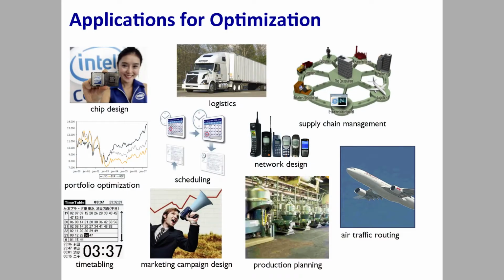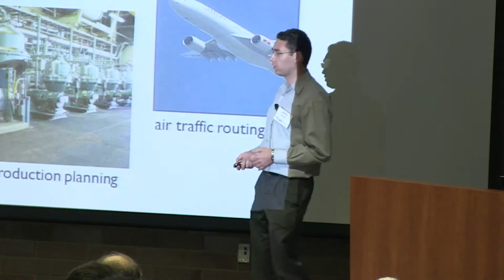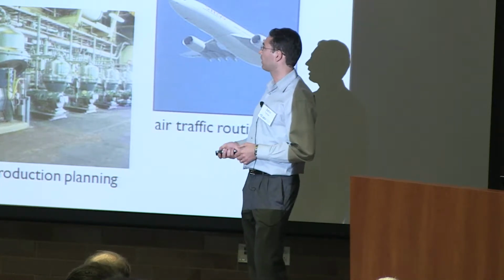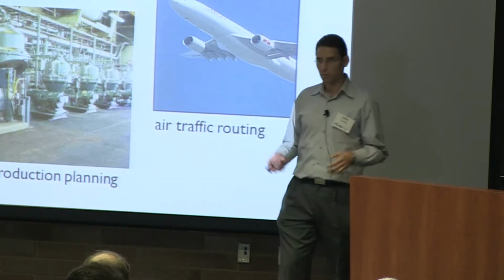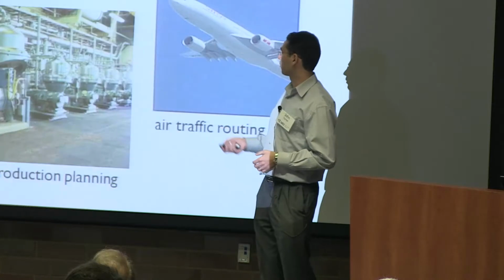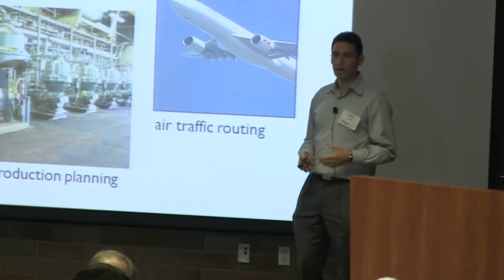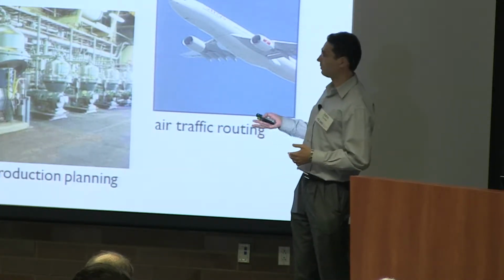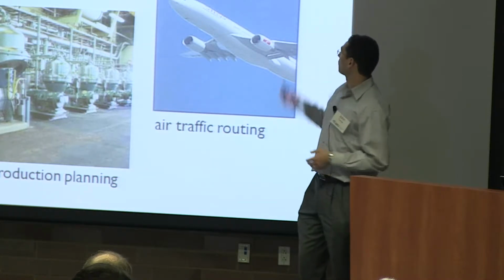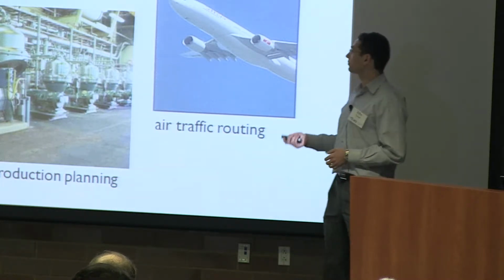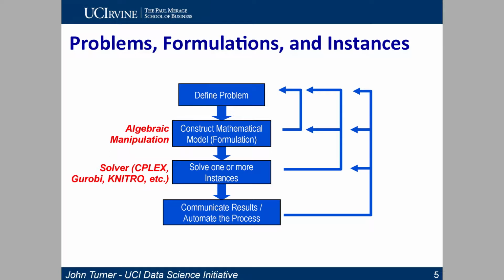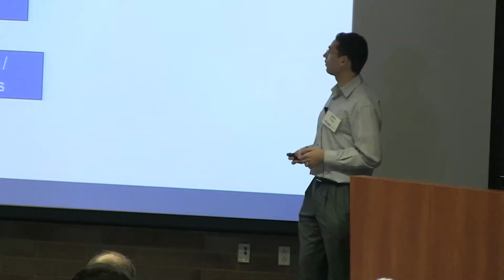There's many applications for optimization. In the business context, for example, we could be talking about optimizing marketing campaigns, doing portfolio optimization, generating schedules or timetables, optimizing supply chains, and so forth. The process, regardless of application, tends to take the following form.